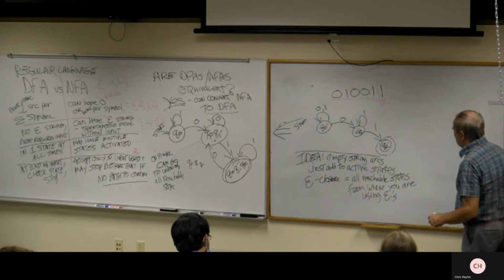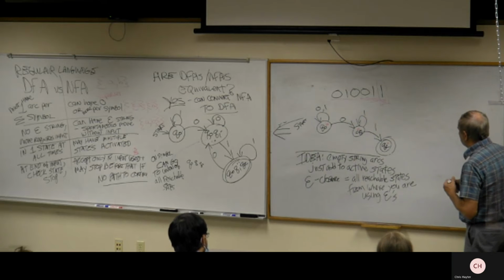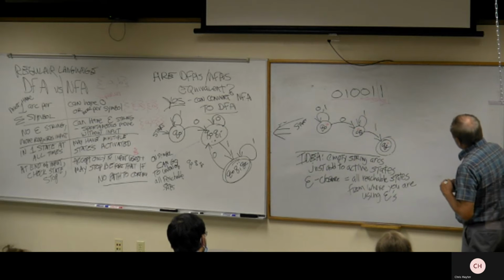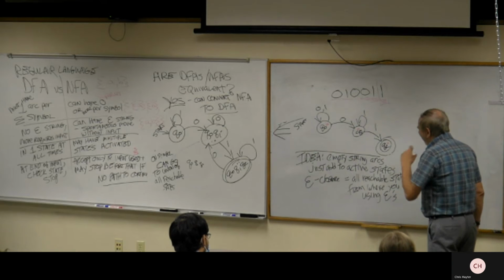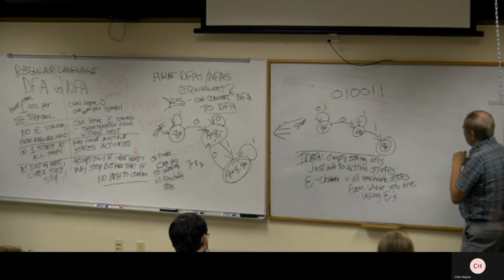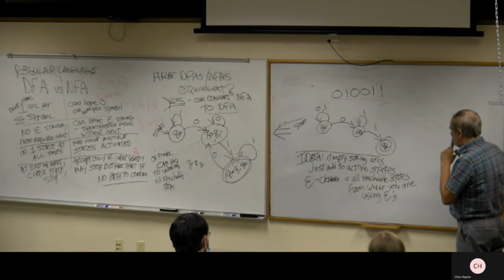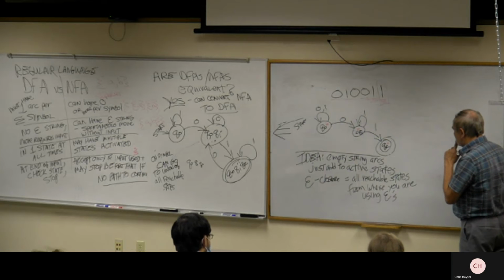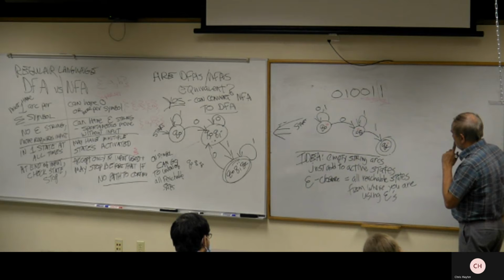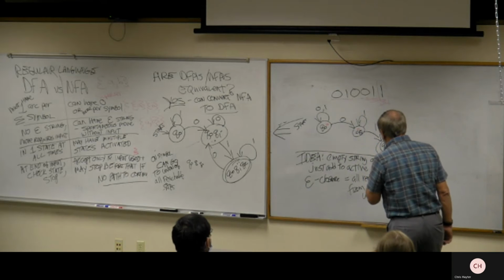So if there is a, how can we modify this? An empty string from Q1 to Q0 on, oh, no. Let's see what that would do.